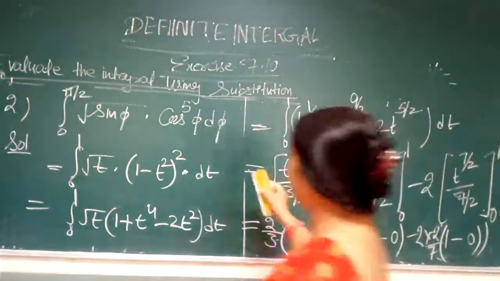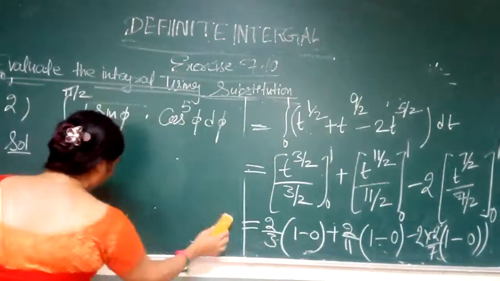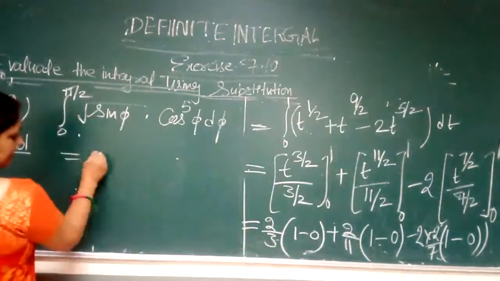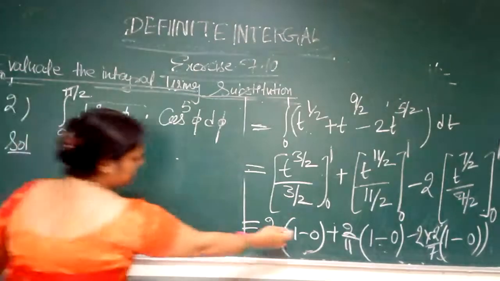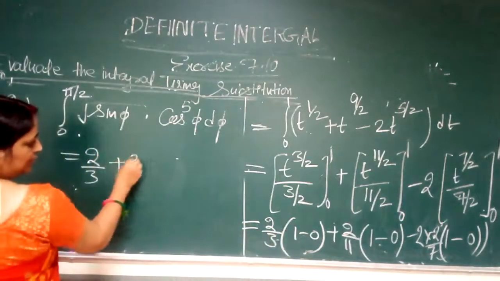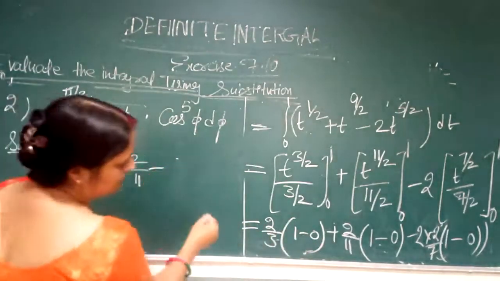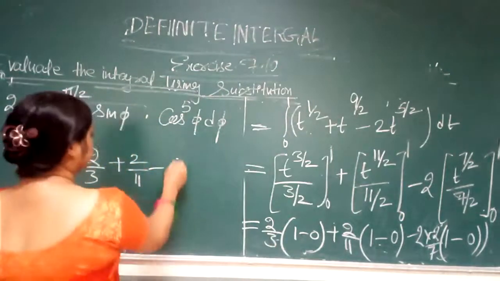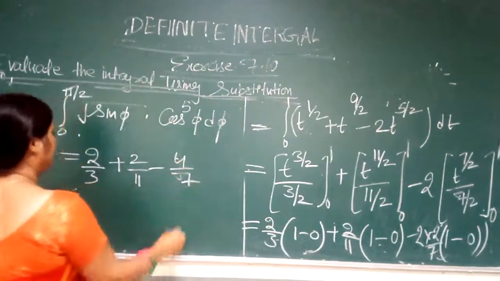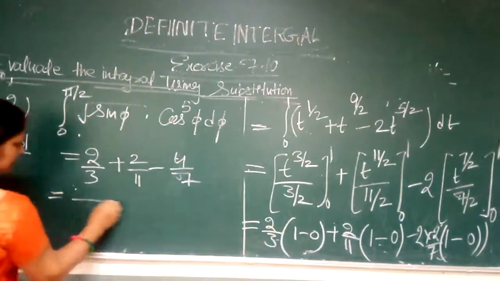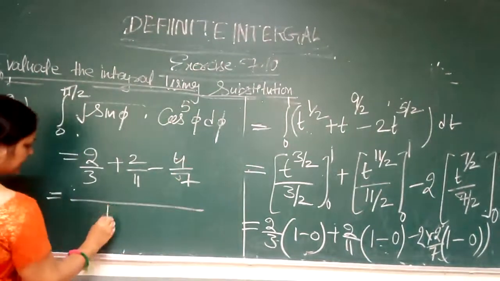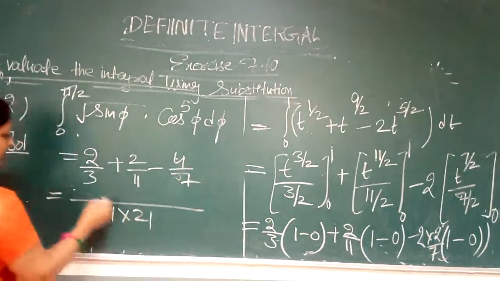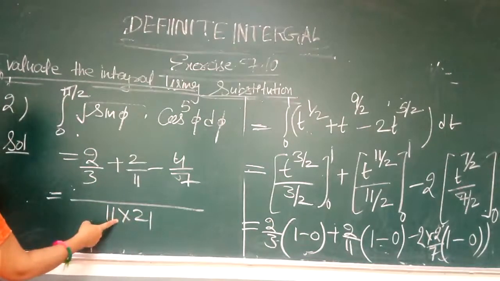After that, students, we will solve this. Now find this value. It will come 2 by 3, and this is 0 here. Now plus 2 by 11 minus 4 upon 7. After that, solve it by taking the LCM. 11 into 21, so divide this term. What will come here?